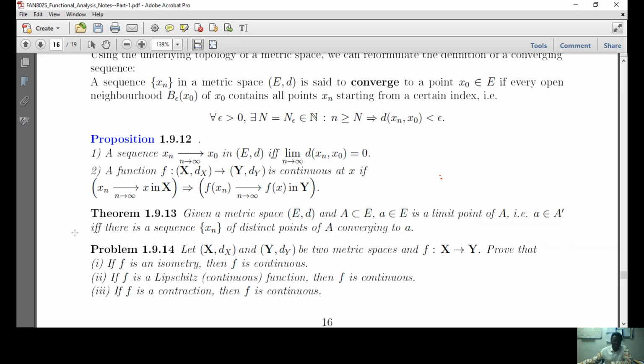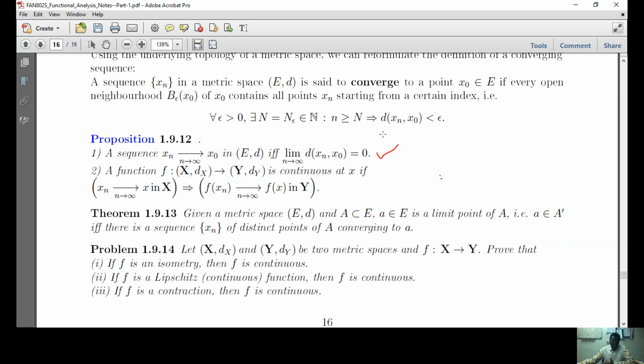And this is a very important statement or result. If you want to show that a sequence xn converges to x0, you can just prove that the limit of the distance between xn and x0 is 0. Then you're done. You don't need to do all these things, that for any epsilon there exists, and so on. You can prove this straight.